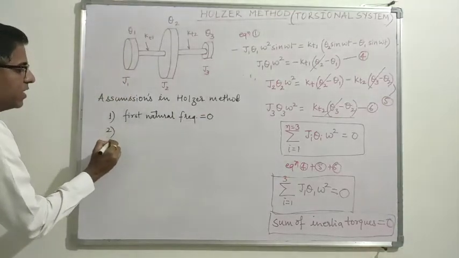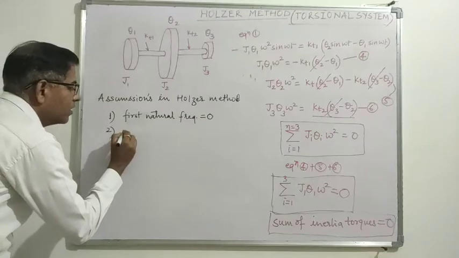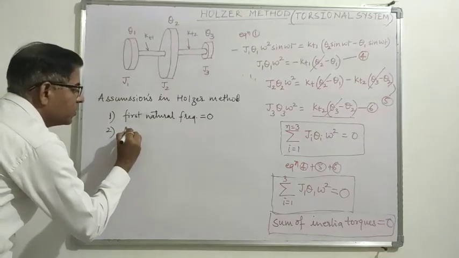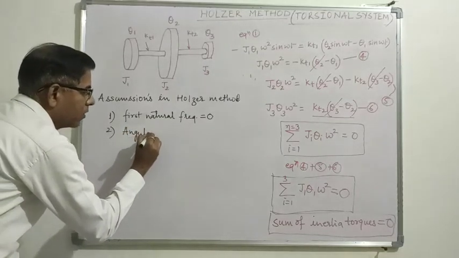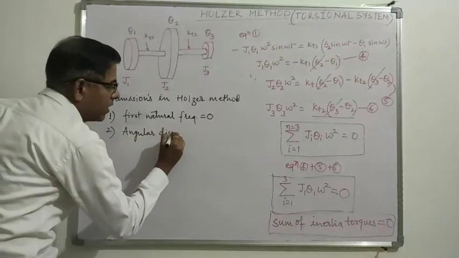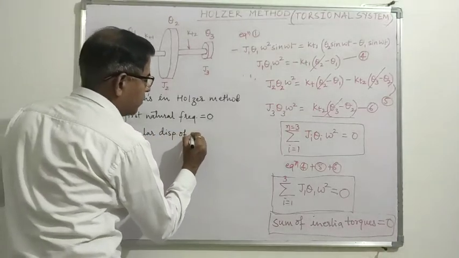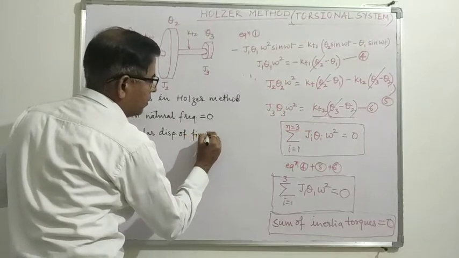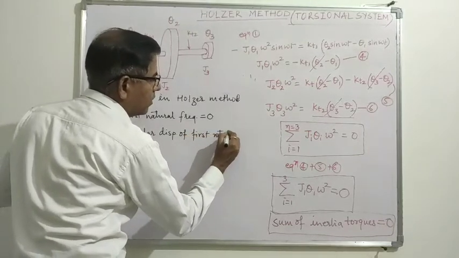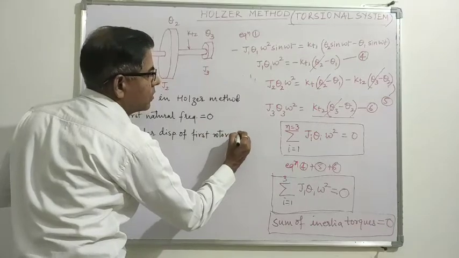The second assumption is that the angular displacement of the first rotor is equal to 1.